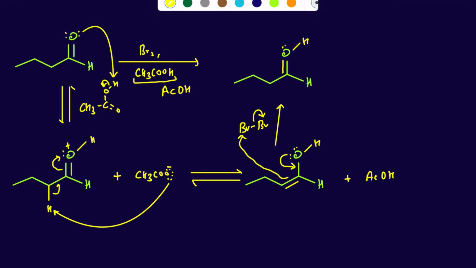I reform the pi bond here to get the ketone back. Now I have one bromine here, and then I have one bromide gone as a leaving group. And then this one bromide that you have in here is going to come back and grab that proton to make the ketone back.